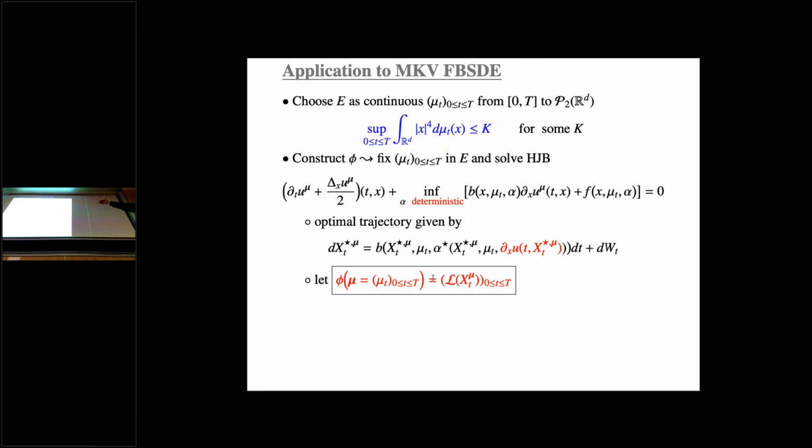I take an input, and I compute an output by saying I solve HJB, then I solve the SDE, and then the law of the SDE is going to be the output. And I want this phi to be continuous with respect to my topology double bar, and I want the image to be relatively compact.